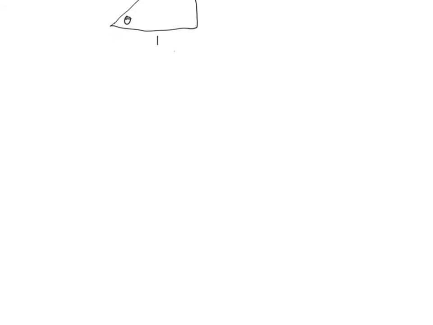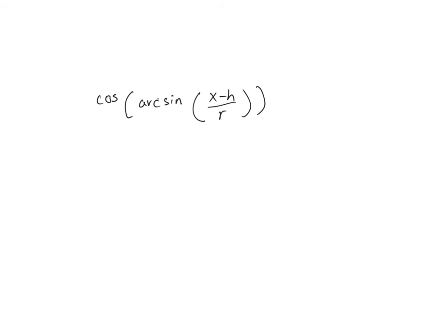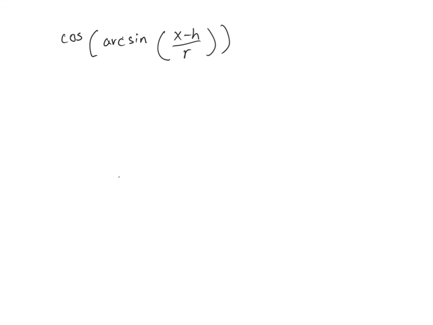Let's try another example. Let's say we want to find the cosine of the arcsine of x minus h over r. We're not given a lot, but always draw a triangle.